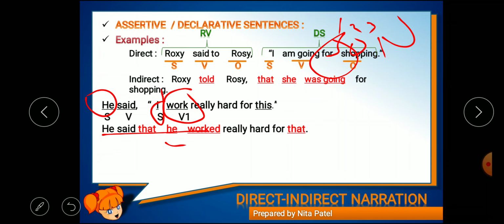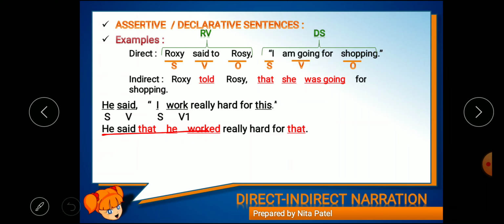So what is the verb formula of simple past? V2. So work will convert into worked really hard for this. Now this suggests nearness, we have to suggest farness, so this will convert into that. So he said that he worked really hard for that.